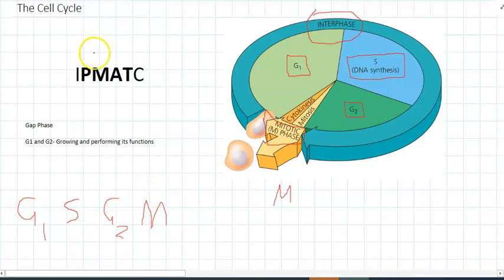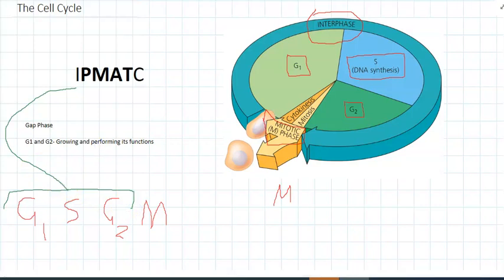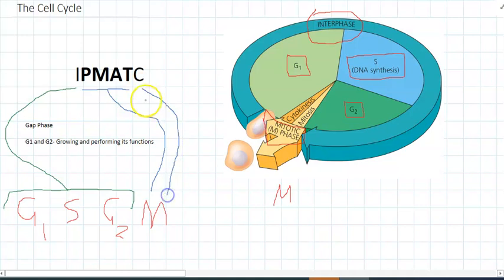So then if we relate it back to what we know, interphase includes the first three phases, G1, S, and G2. And then mitosis and cytokinesis both happen in the M phase.